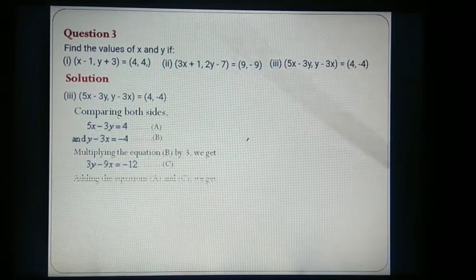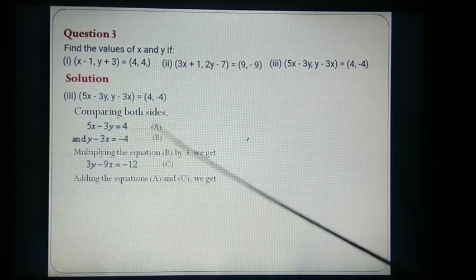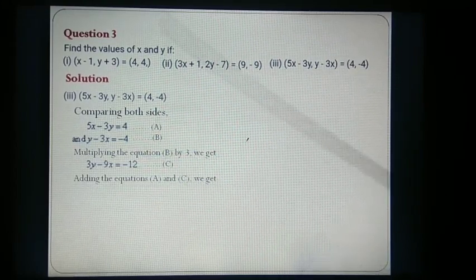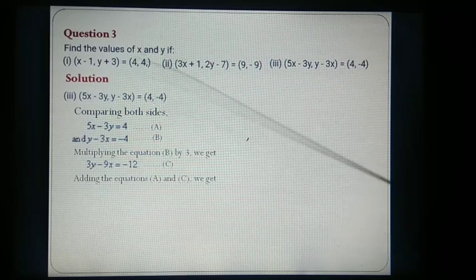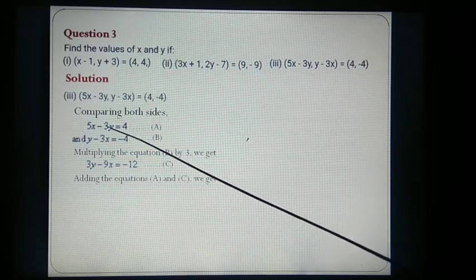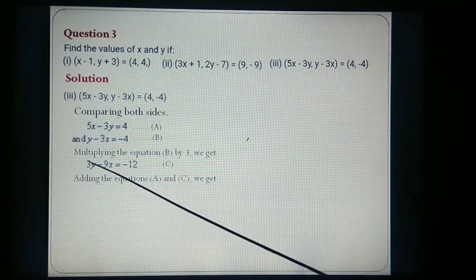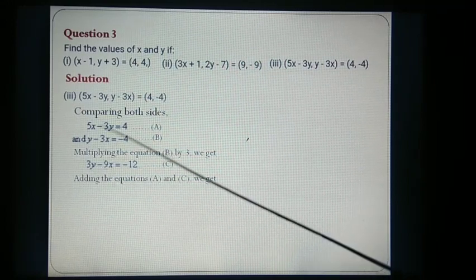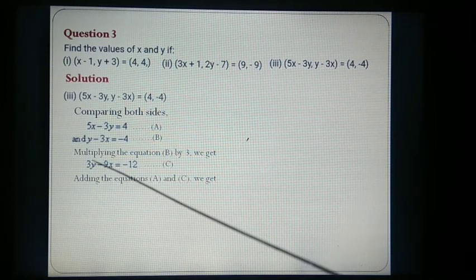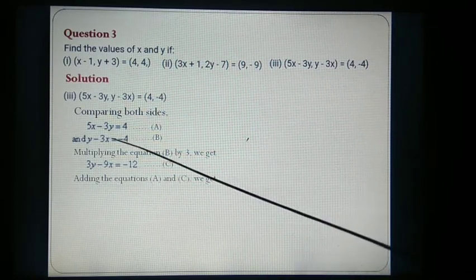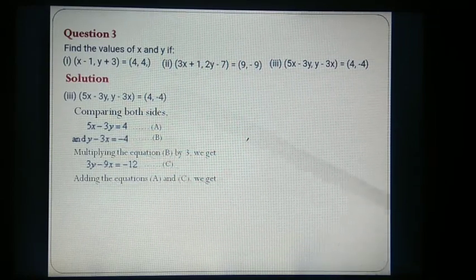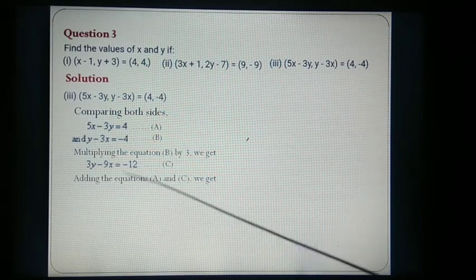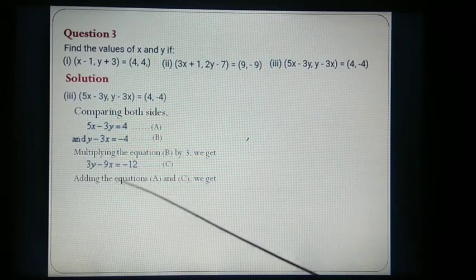Next I'm going to add A and C. Why? Because I want to eliminate one of the variables. Here I've got minus 3y and here I've got plus 3y, so basically the coefficients are equal and of opposite sign. If I add them, minus 3y and plus 3y get cancelled, so only x will be left, and we will be able to calculate the value of x.